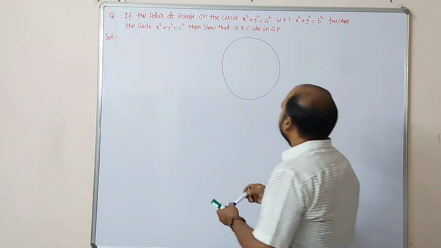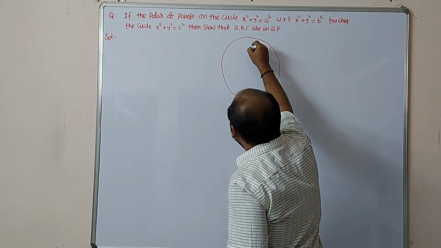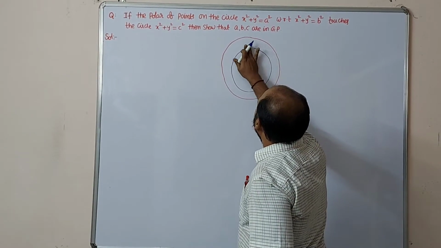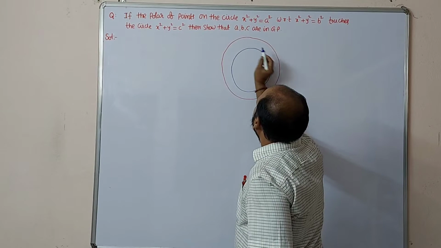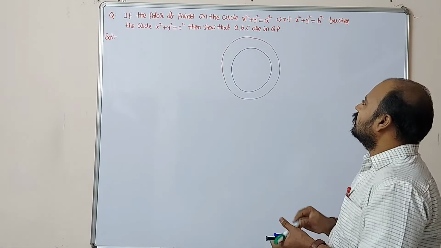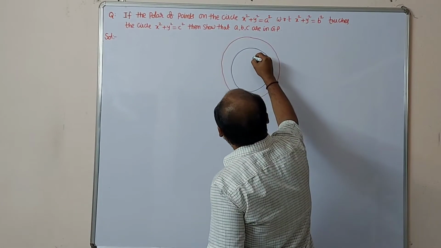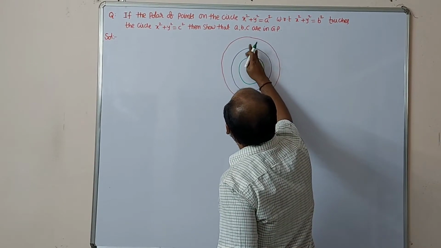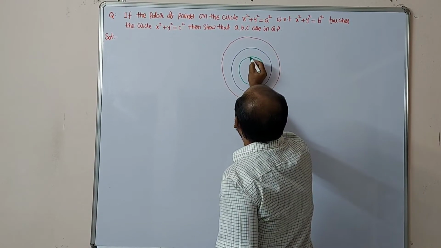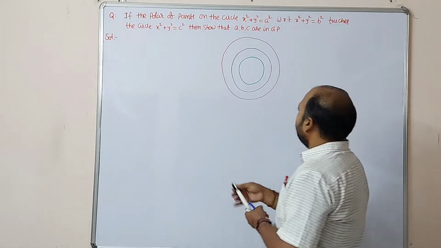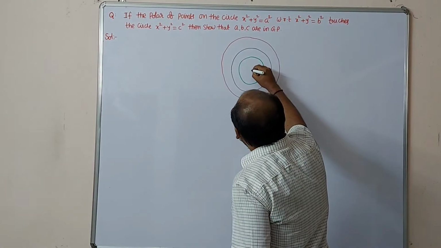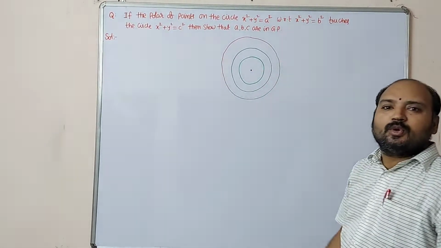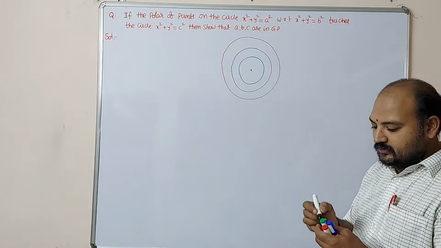Second circle, next third circle. So for all, the center will be the same. Center 0, 0 only for all the circles.